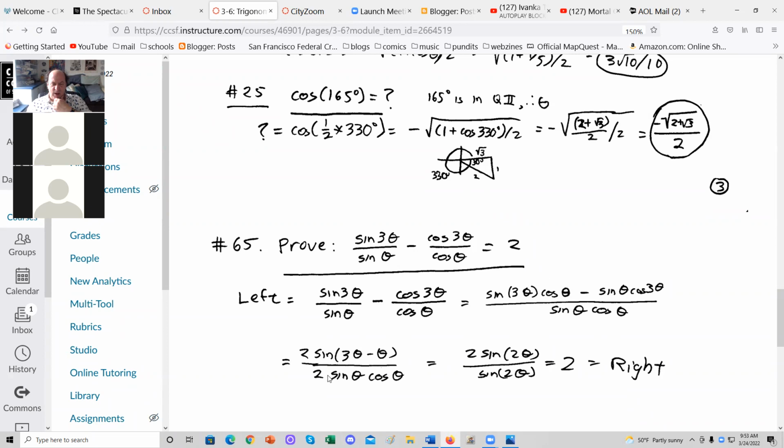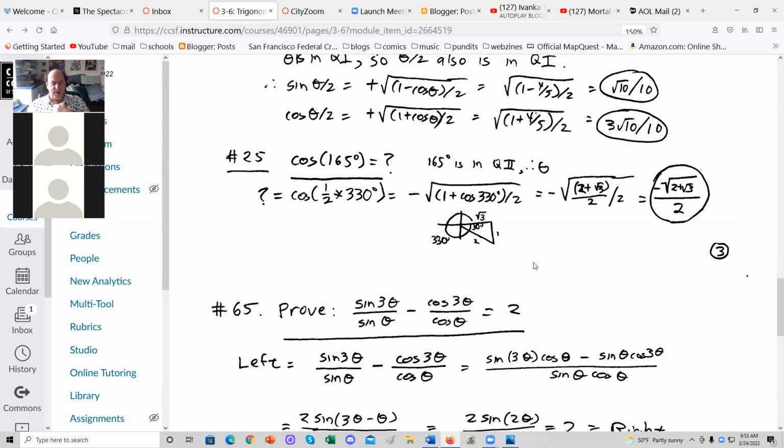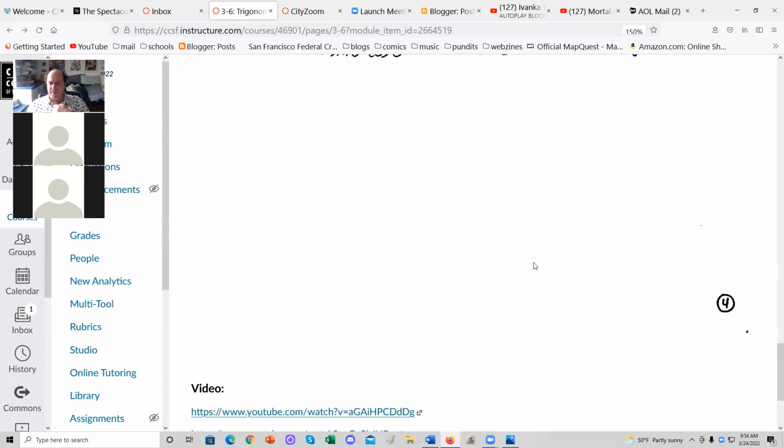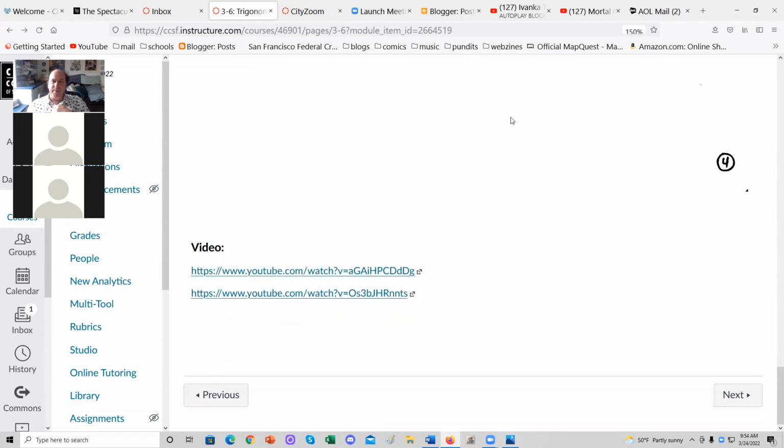All right, so 2 sine theta cos theta is sine 2 theta. Sine of 3 theta minus theta is sine 2 theta, and the sine 2 thetas cancel out. The 2 remains, and that equals the right side, and we're done. Okay, I'm going to have to change this. That's a serious mistake. All right, let's conclude this part.